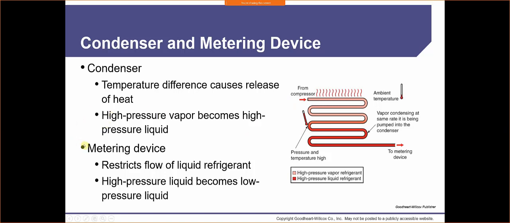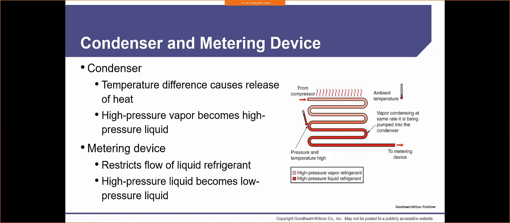The metering device is going to restrict the flow of liquid refrigerant. Okay, if we were just to have all this liquid refrigerant pumping through into the evaporator, well, it's just going to continue to stay in a liquid state. So what we need is some type of restriction. We need something to stop all of this liquid refrigerant from getting to the evaporator.